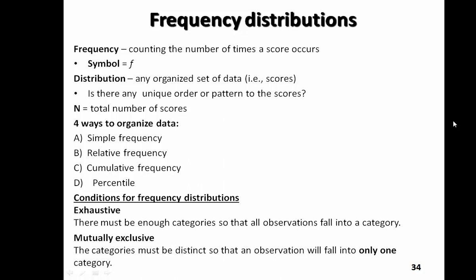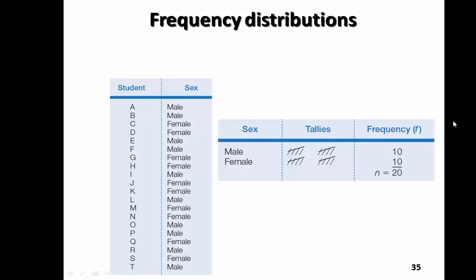In this case, scores or cases cannot be assigned to more than one category. So by being mutually exclusive, the categories are uniquely distinct from each other so that the observations or the individual cases will fall into one and only one category.